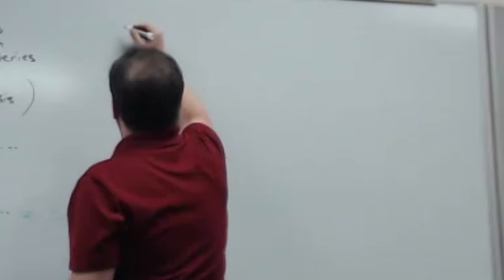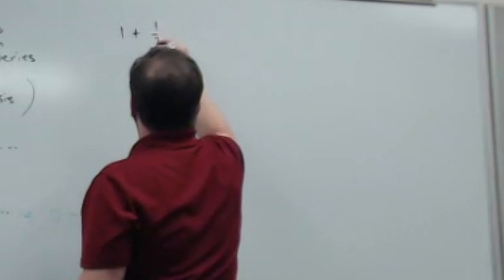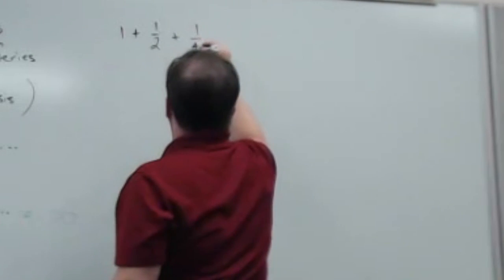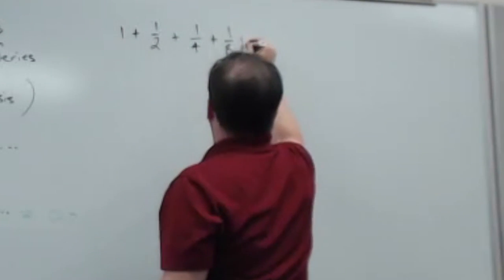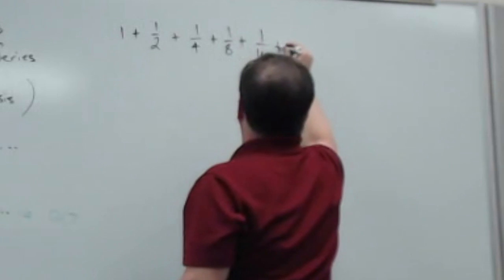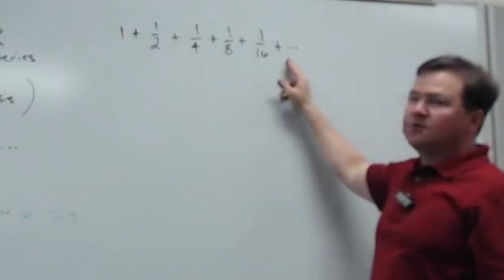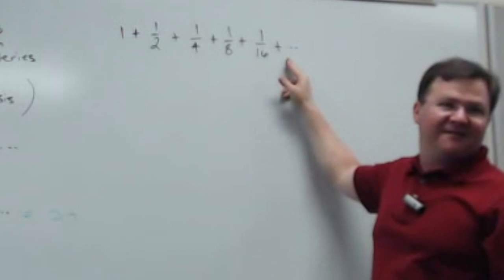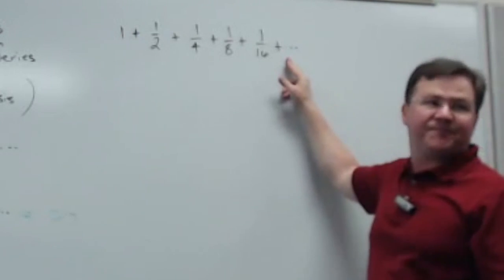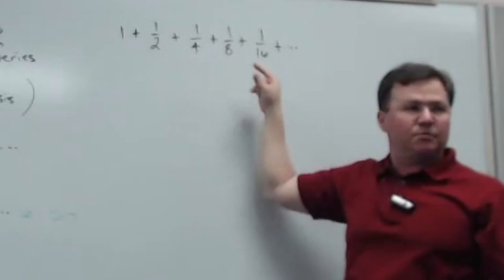How about this? 1 plus 1/2 plus 1/4 plus 1/8. Can you see what the next term would have been? Yeah, that's right. So the denominators just keep doubling, right?